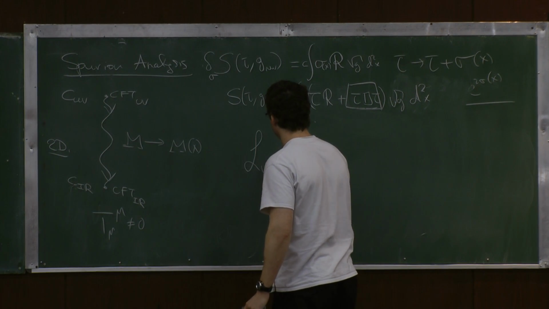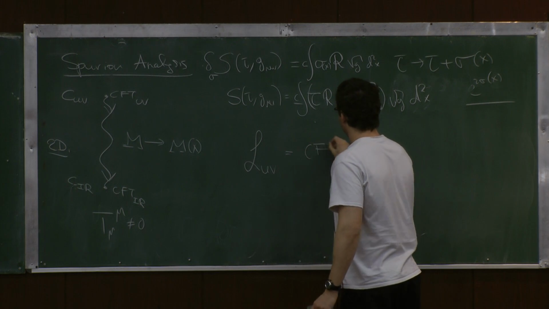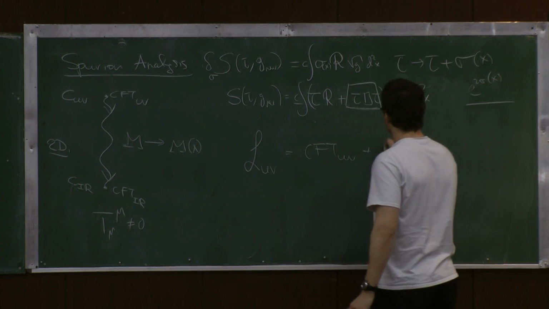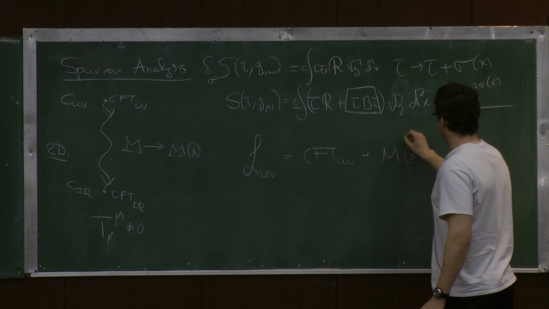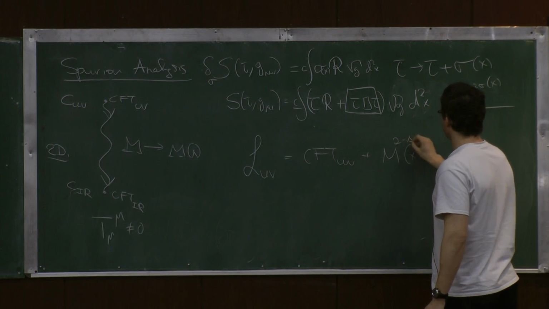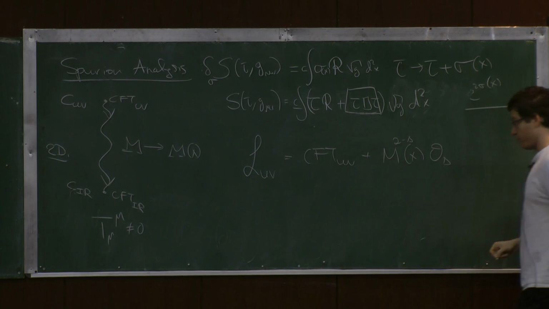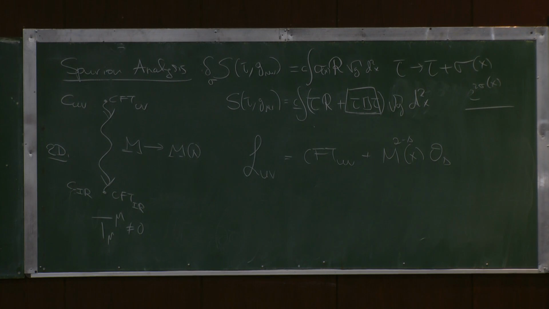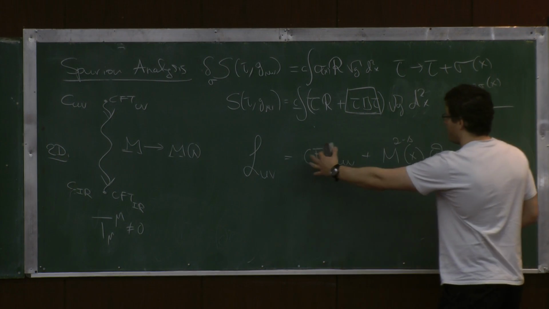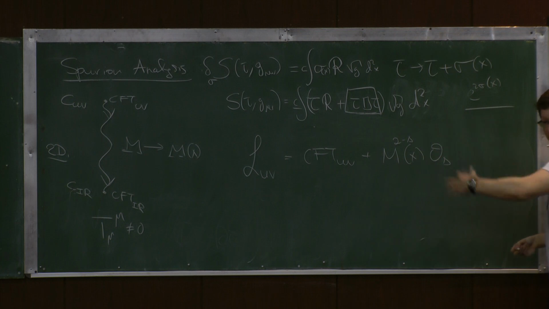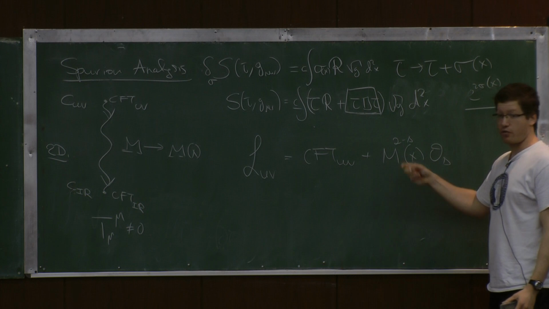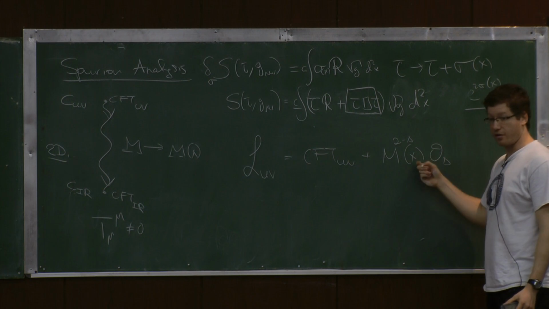The theory defined in the ultraviolet is the conformal field theory in the ultraviolet plus these mass terms, with some power 2 minus delta, multiplying operators with dimension delta. This system is conformally invariant if you accompany the transformation laws of the fields by the appropriate transformation of the mass term.